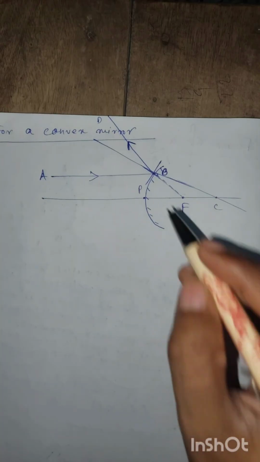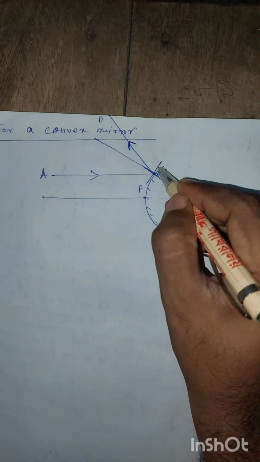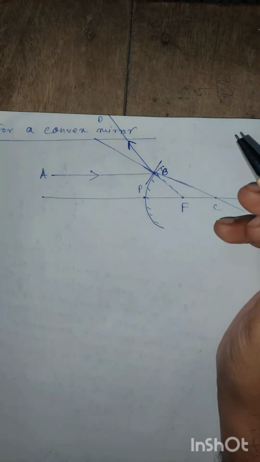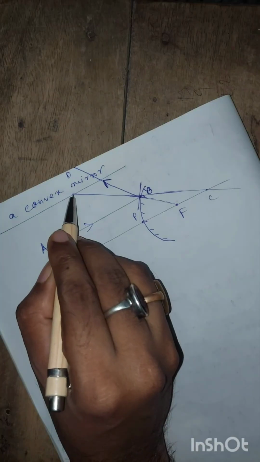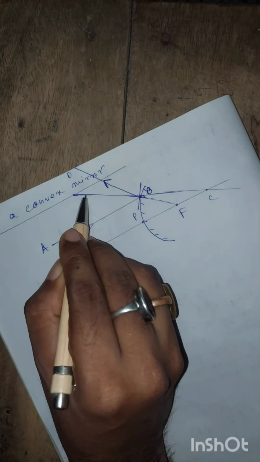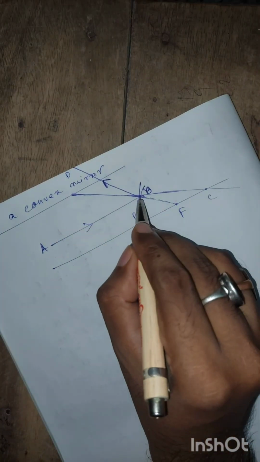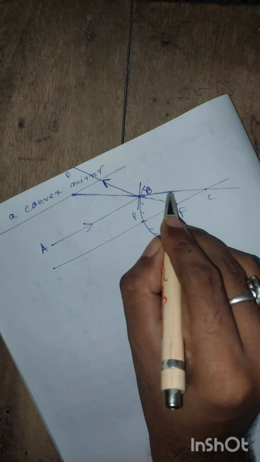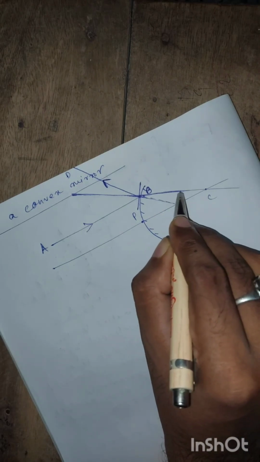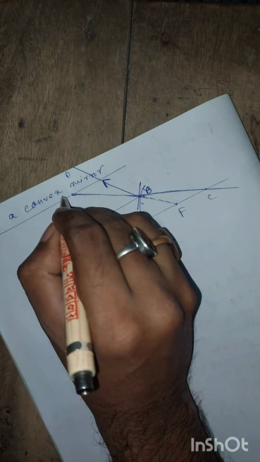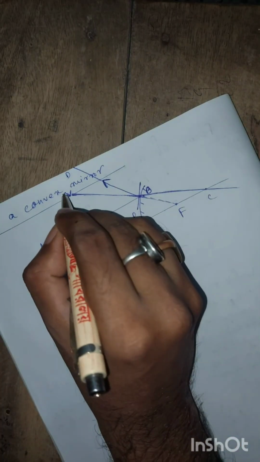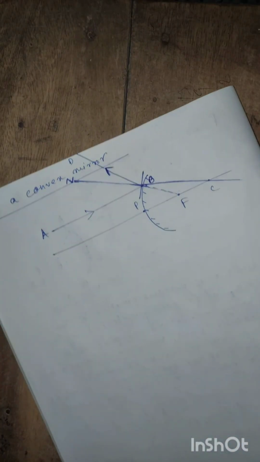If we draw a normal at the point of incidence, that normal will pass through the center of curvature. So this is our normal BN.